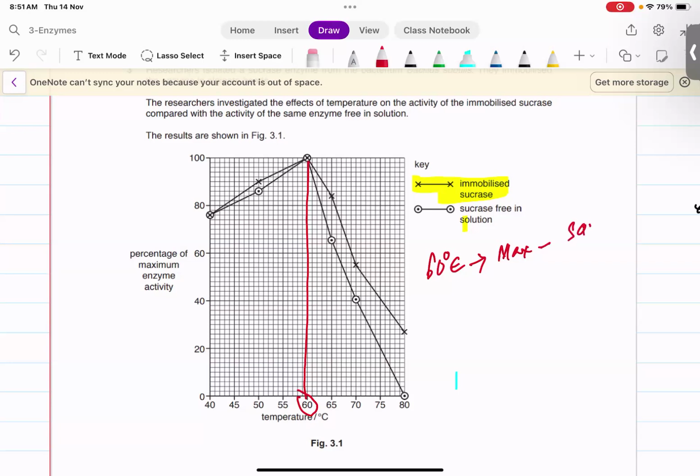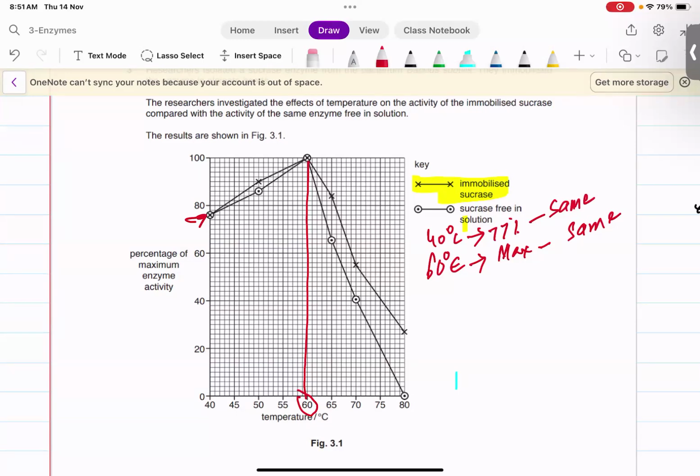Same for both of the enzymes. Okay. At 40 degrees Celsius, it is the same as well. At 40 degrees Celsius, it is around 77%, and it is also the same.